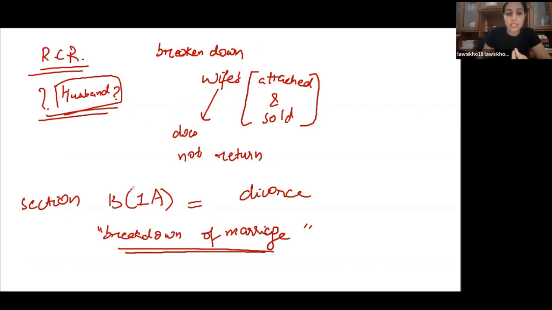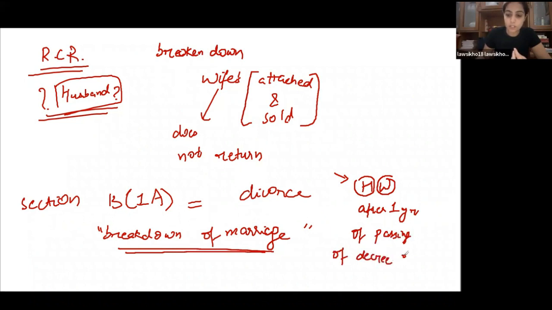In these cases, it is important to note that both husband and wife have a right to approach the court after 1 year of passing of the decree of restitution of conjugal rights to ask for divorce if this decree remains unsatisfied.